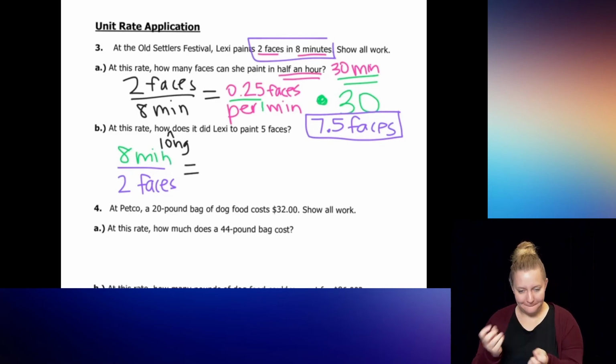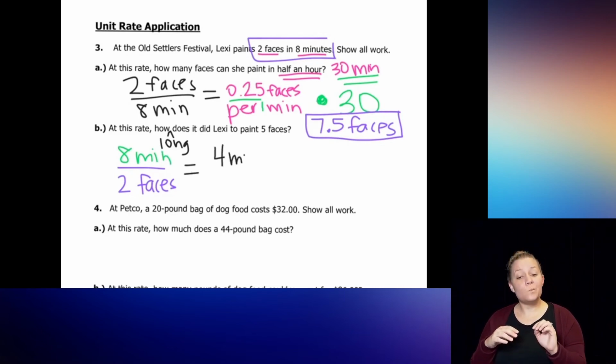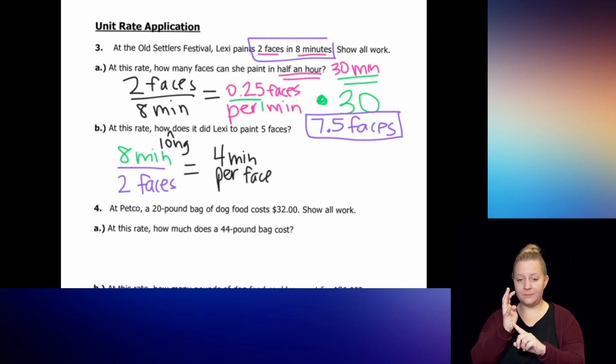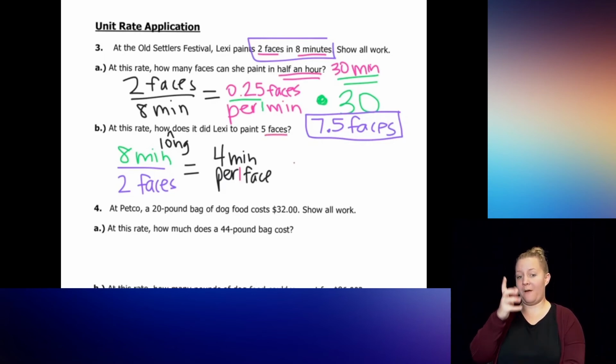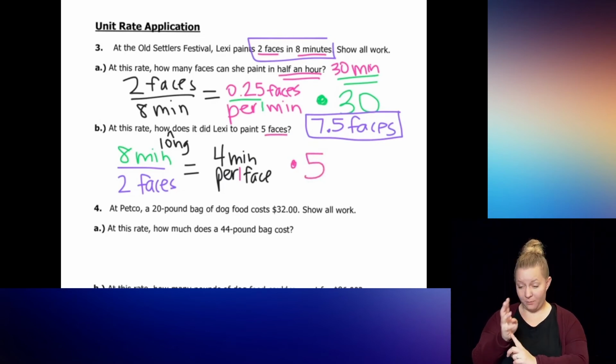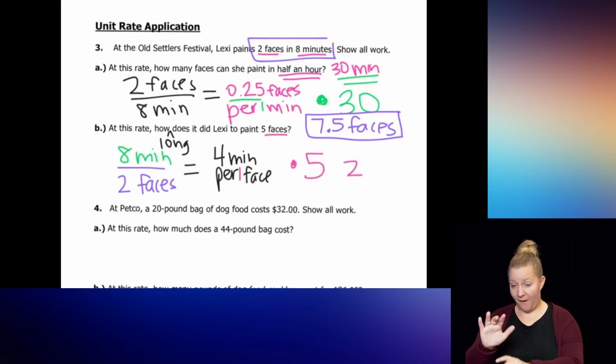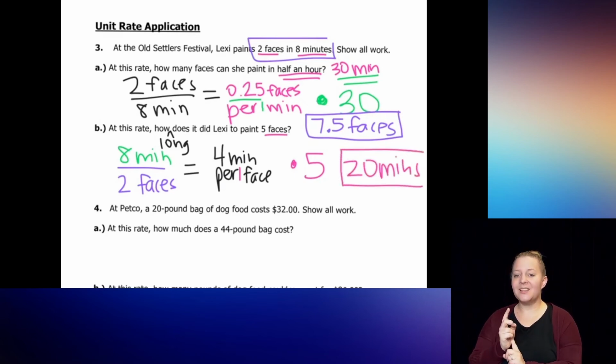So when I divide this out, I end up with 4 minutes per face. And then again, remember, this is per 1 face. So if this is for 1 face, but I actually want for 5 of them, when I multiply that by 5, 4 minutes times 5 ends up with a total of 20 minutes in order to paint 5 faces.